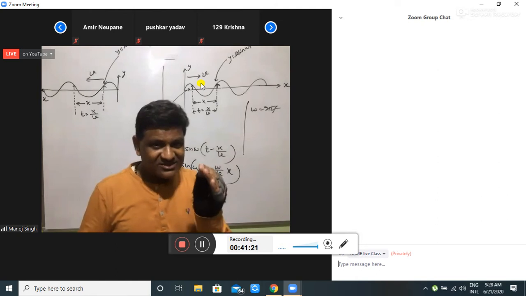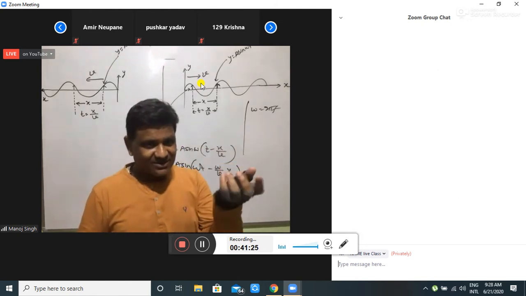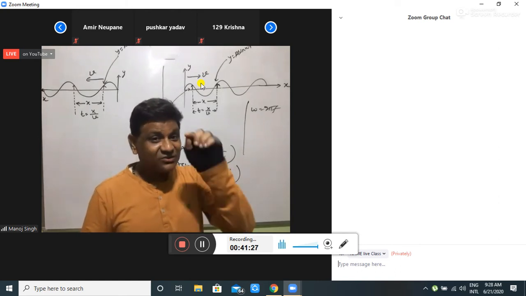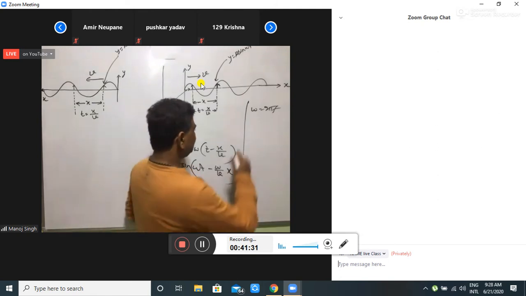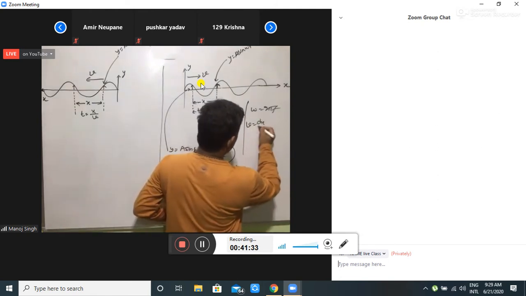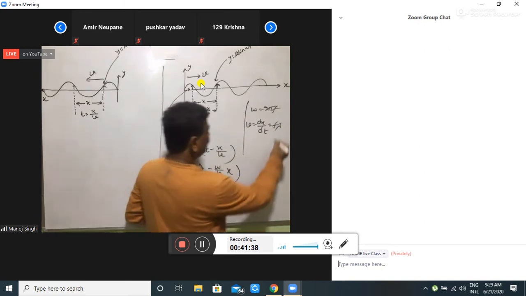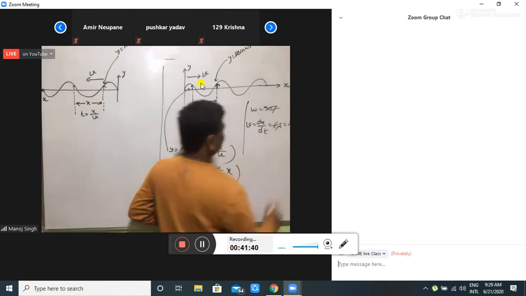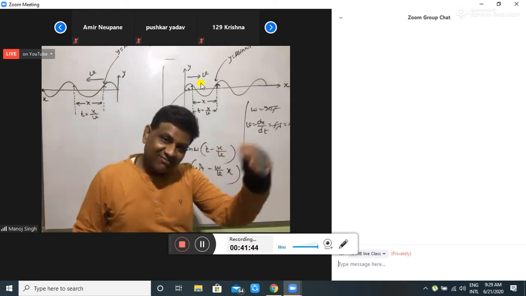That part we discussed in the transverse wave lecture, where v is equal to dx by dt. It is equal to f into lambda, and it is also equal to lambda by capital T.